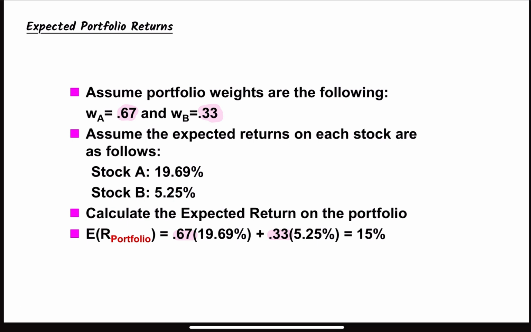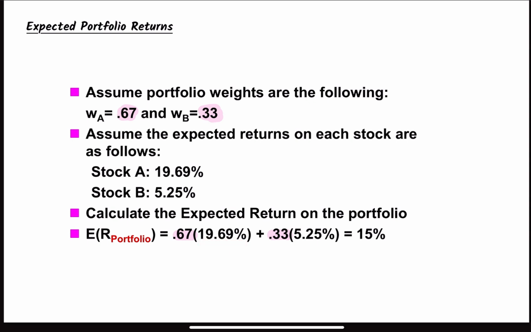So then that is going to help us calculate our expected return. So we already determined that the weight of asset A for our portfolio is 67%, and B is 33%. So we're going to assume the expected returns on each stock are 19.69% for stock A and 5.25% for stock B. So we can calculate the expected return of the portfolio by taking the weight that the asset holds in the portfolio and multiplying it by the expected return of that asset.